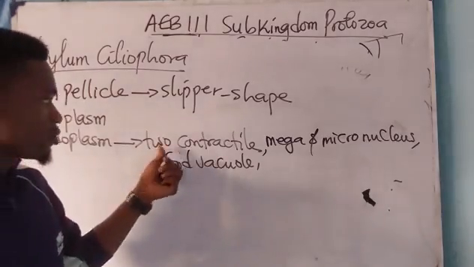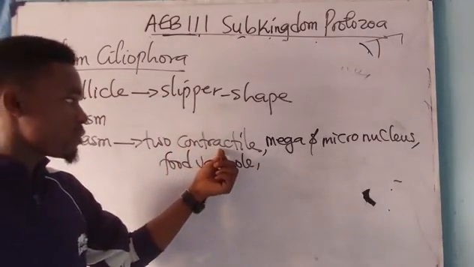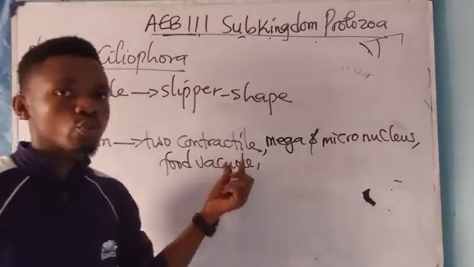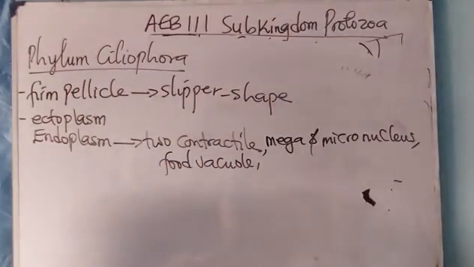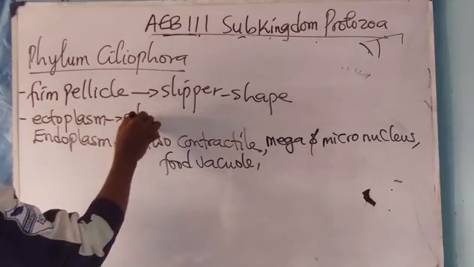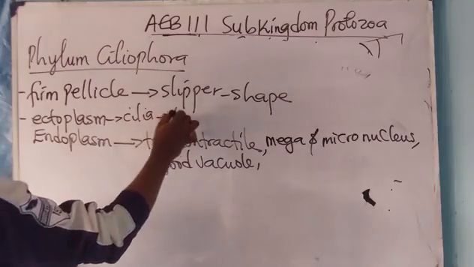I told you the function of the contractile vacuole is osmoregulation. And the ectoplasm has the cilia. The cilia is for locomotion.